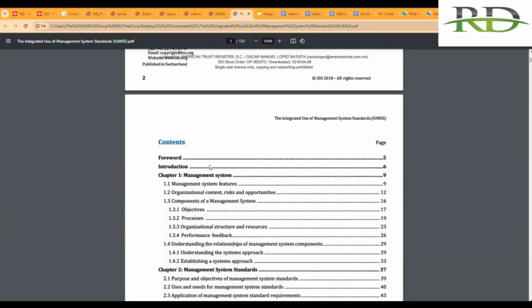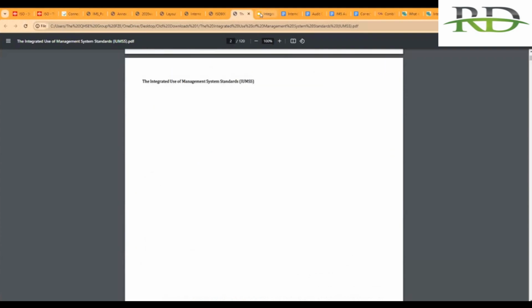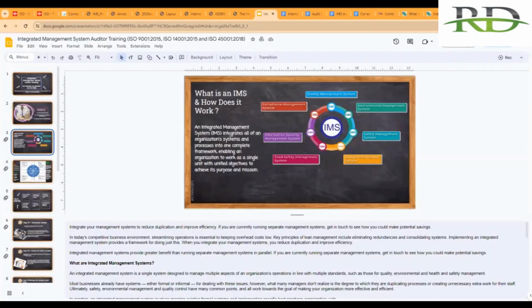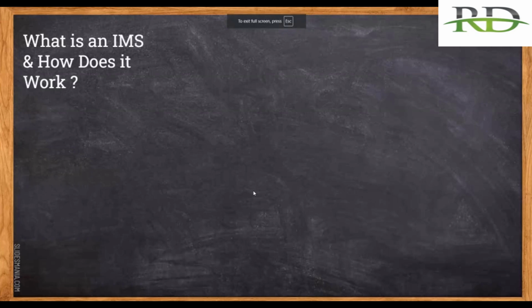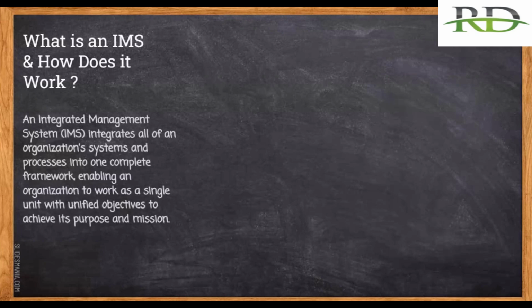So this is what I really want to do at the beginning. I want to explain to you what an integrated management system is and how it works. This is going to make it easier for you as an auditor to pinpoint at the beginning whether there is an integrated management system or it does not exist. So let us start off with the definition.